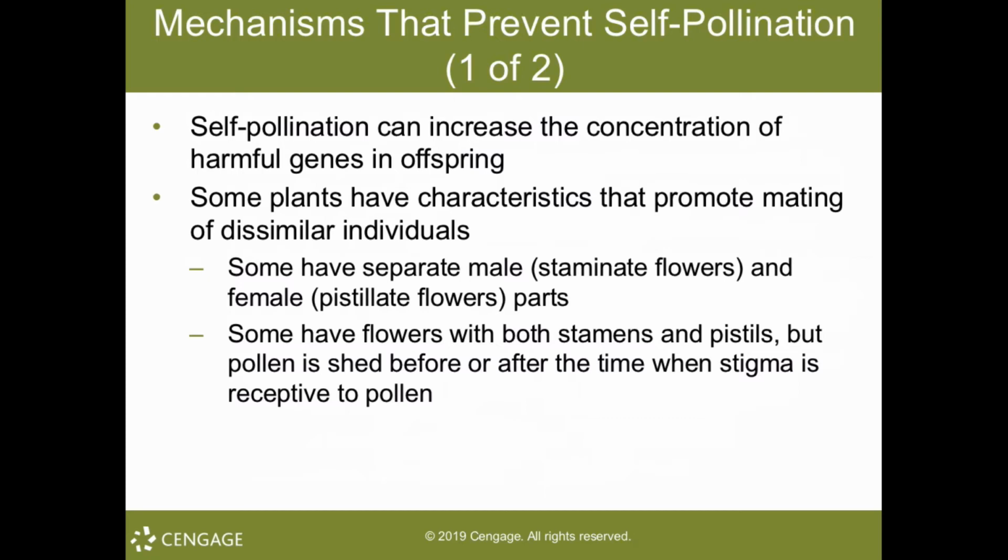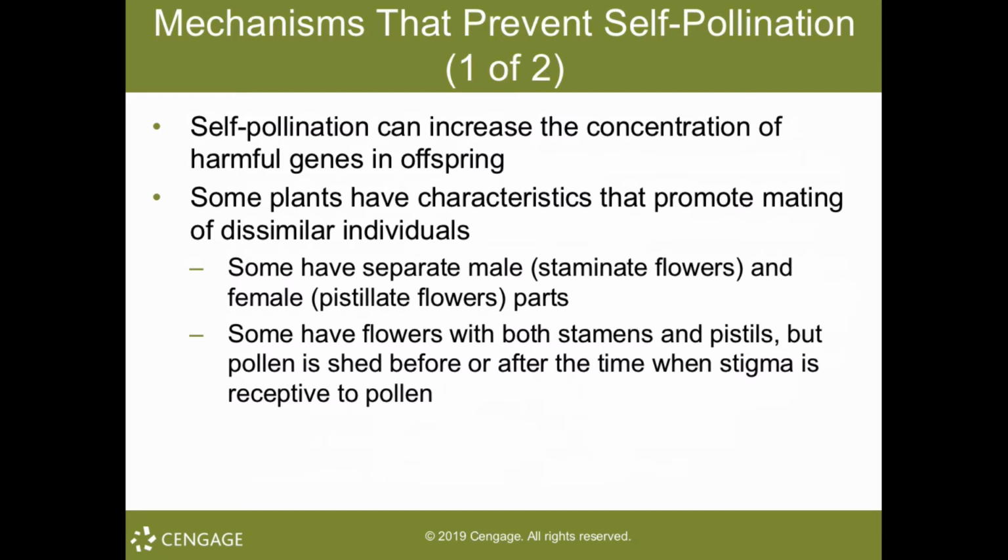So many plants have evolved mechanisms that prevent self-pollination. In plant sexual reproduction, the two gametes that unite to form a zygote may be from the same parent plant or from two different plants. The combination of gametes from two different plants increases the variation in offspring, and this variation may confer a selective advantage.